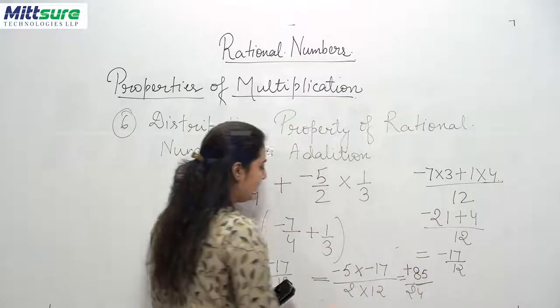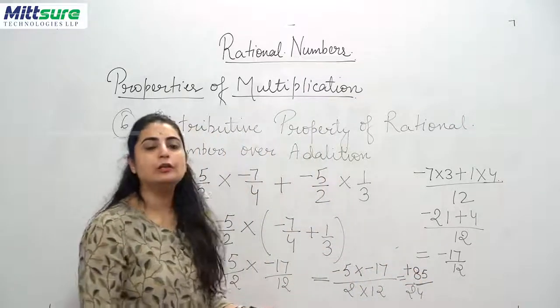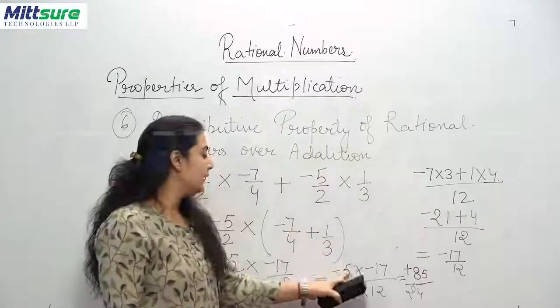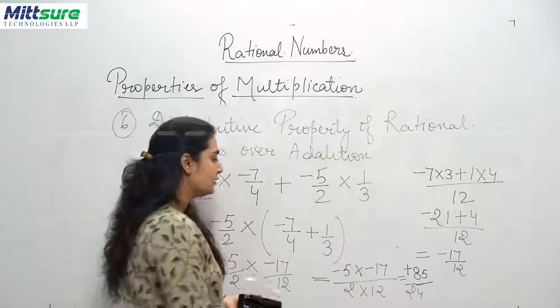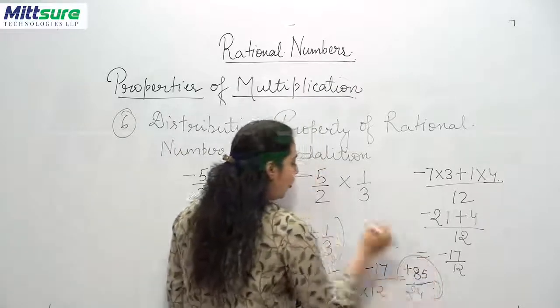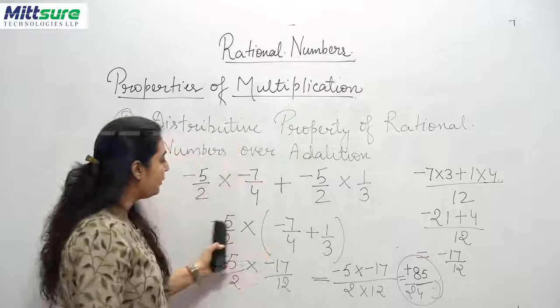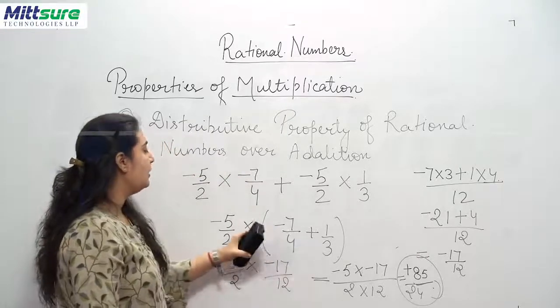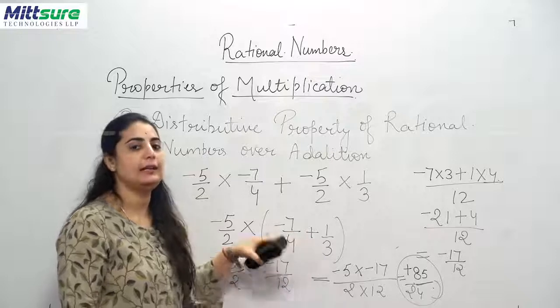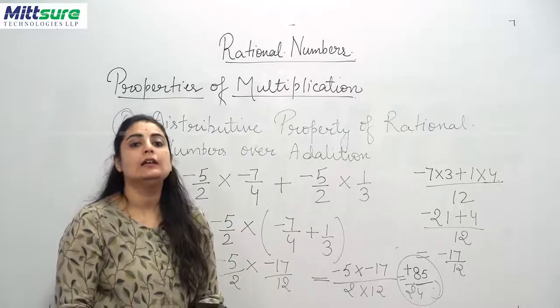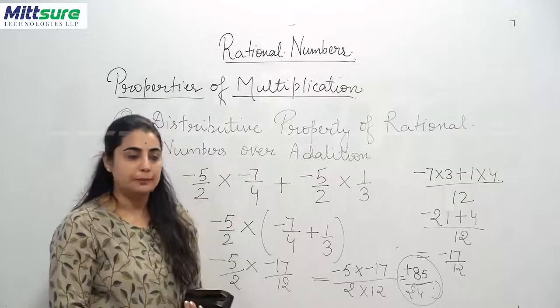Now why is it plus 85? As we all know, whenever two negative signs are multiplied, they change to positive. So this is the answer when multiplication and addition, both operations, are taking place simultaneously in the given rational numbers.